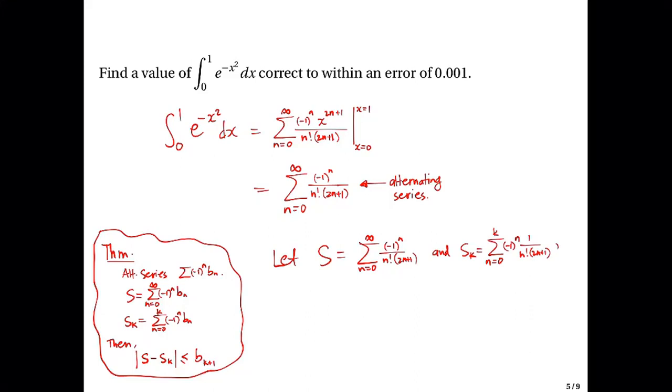Then, according to this theorem, we have the following. Then, the absolute value of S minus S sub k will be less than or equal to b sub k plus 1. So we just look at this, and we need the k plus 1 term. So this will be less than or equal to 1 over k plus 1 factorial times 2 times k plus 1 plus 1.